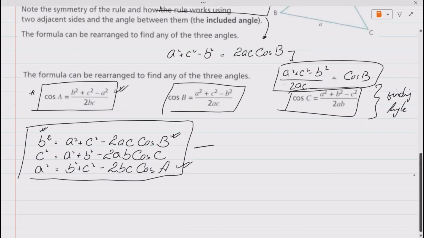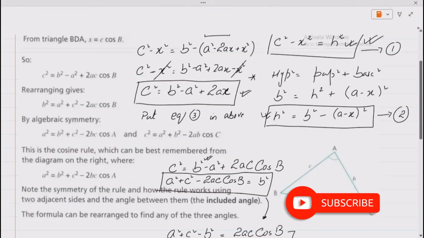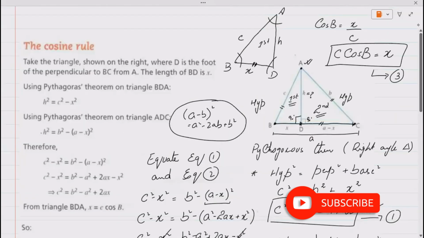And these three we can use when finding sides. So this is the derivation of law of cosine, and these are the two variants of law of cosines. I hope you understand.